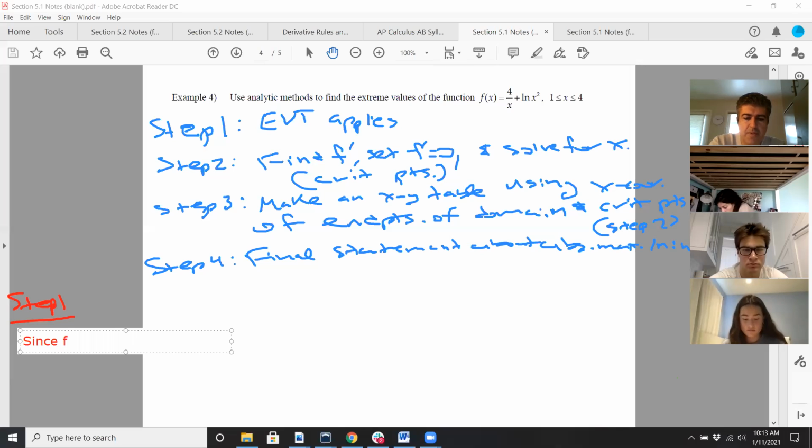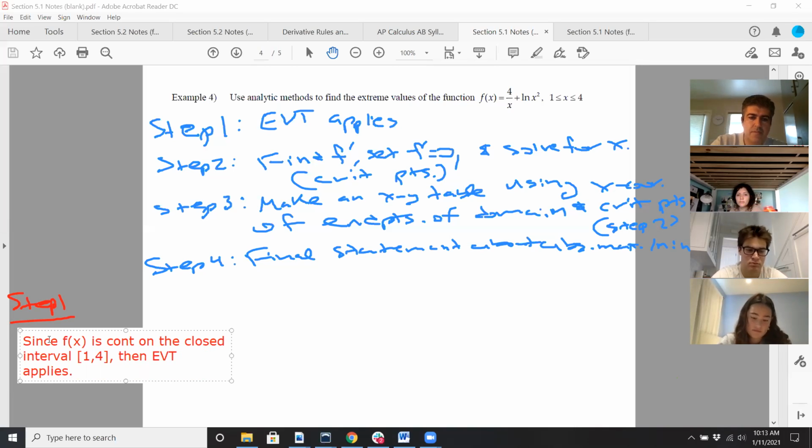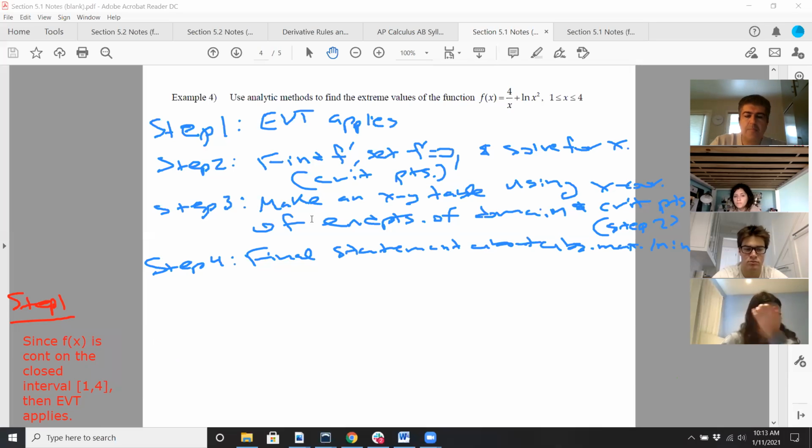Since f of x is continuous on the closed interval from 1 to 4.